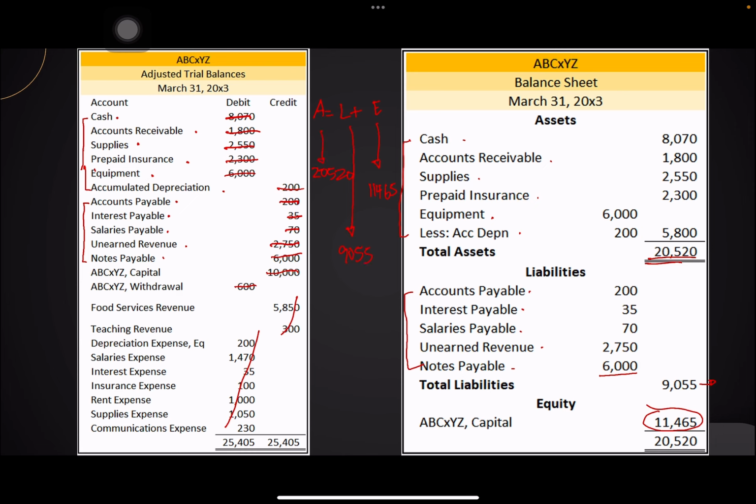And when you add your liabilities of 9,055 with your equity of 11,465, you would get the amount of 20,520, which matches the amount of your assets. 20,520 in your assets and 20,520 in your liabilities and equity section.